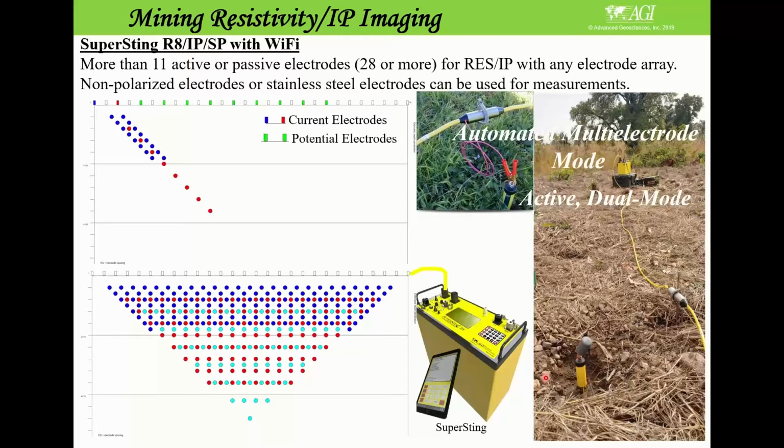You can use them together, and this is a very good option to get a very clean signal compared to the others in these studies generally. The array types you can use are the same, dipole or extended dipole or pole-dipole, which is typically used for mining investigations.